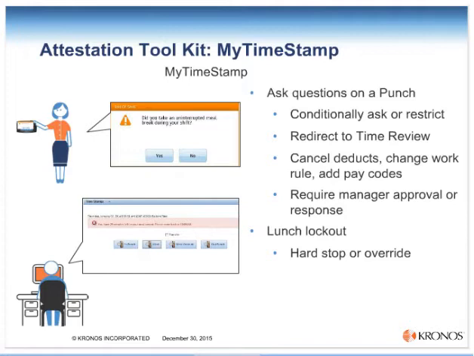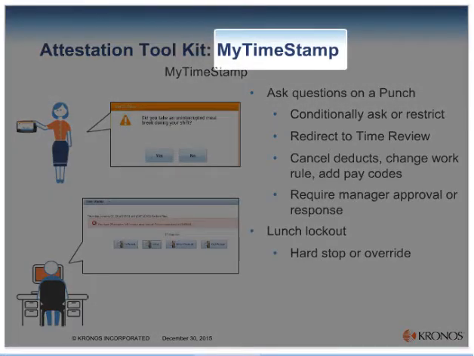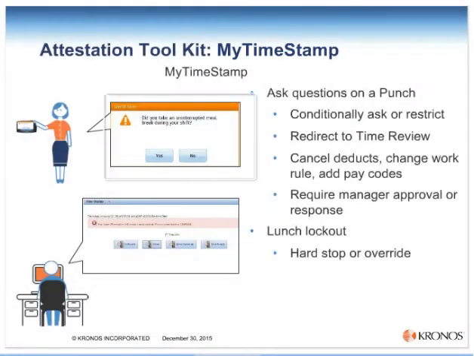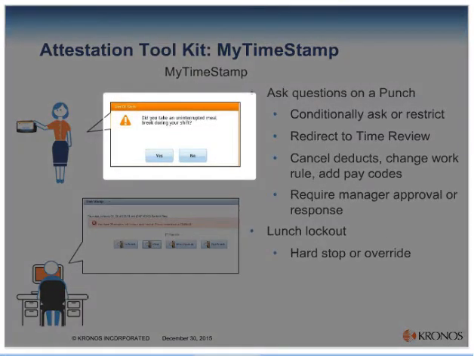The Attestation Toolkit is comprised of many different modules. The My Timestamp module provides configurable punching functionality for employees. Again, we can ask questions based on certain conditions, such as, did you take an uninterrupted meal break if their shift was longer than 6 hours? We may want to ask if they donned their safety equipment or sustained an on-the-job injury.